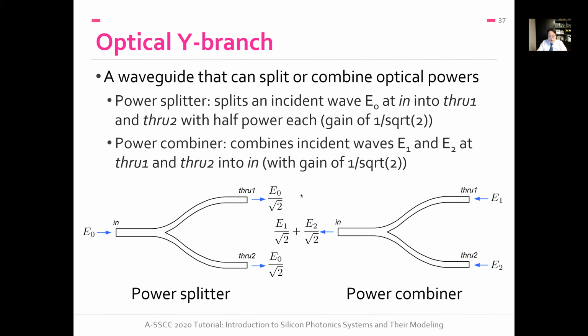Some portion will go to one port and the other portion will go to the other port. If it's totally symmetric, you'll see an even half split between the two ports. If the light is propagating in the other direction, then you can use the same structure as a power combiner.